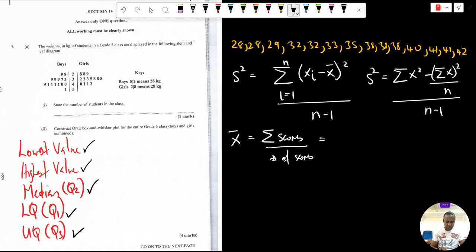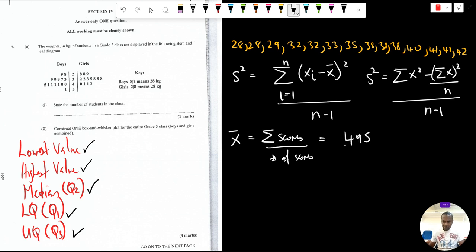So we have 28 plus 28 plus 29 plus 32 plus 32 plus 33 plus 35 plus 38, two 38s, then plus 40, then two 41s plus 42. And that gives us, I think, 495.